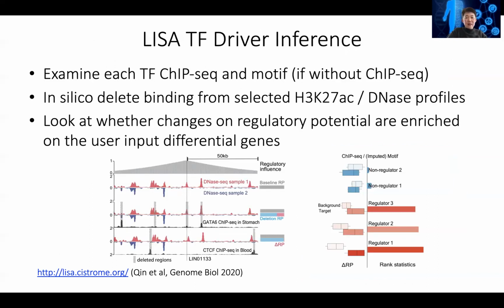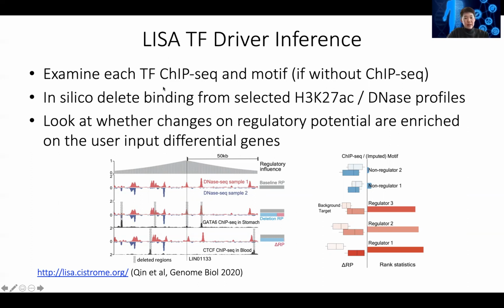Then we look at whether there is a TF ChIP-seq in the public, or the TF motifs. If we don't have the ChIP-seq data, we ask, okay, which TF ChIP-seq really binds to these enhancer locations that have the K27 signal or the DNase accessibility signals.